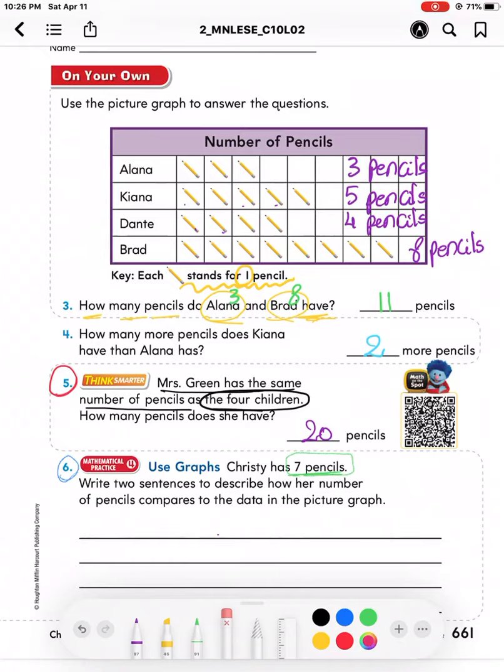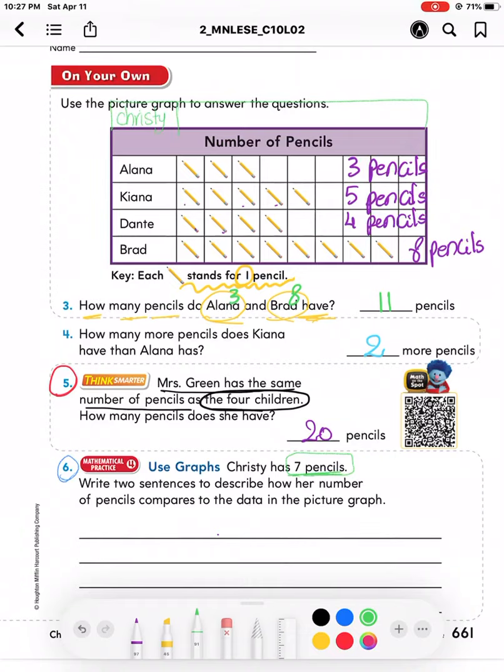Now here we have Christy, who has 7 pencils. It's like if we have Christy as a person among those 3. I have no place in the paper to draw it, but I will draw it like this. Okay, we have here Christy.